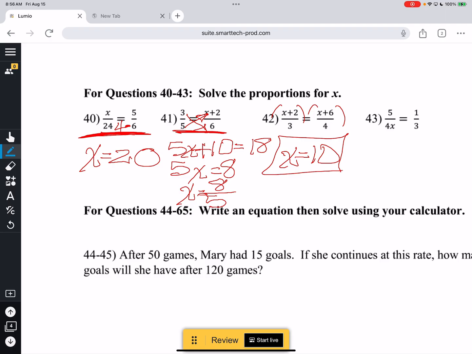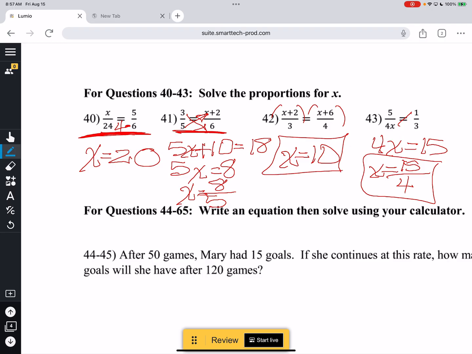Baylor, what'd you get? 15 over 4. Perfect. Because any number times 1, so we would just have 4x equals 15. And so x equals 15 over 4. Now, of course, you could simplify that to 3 3/4, but you don't have to go any further. Good with proportions.